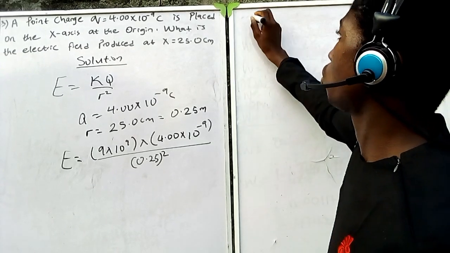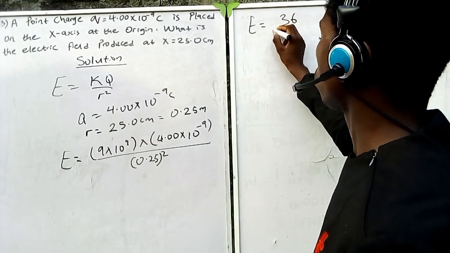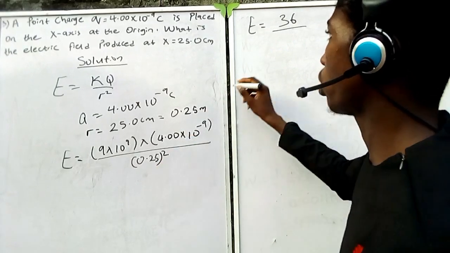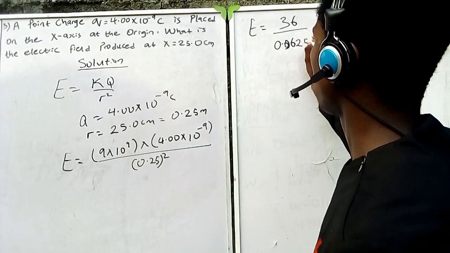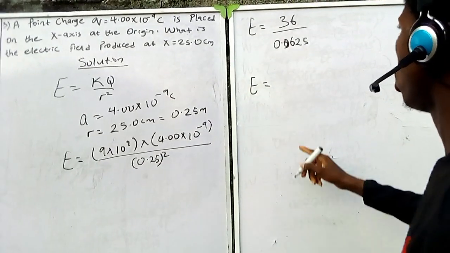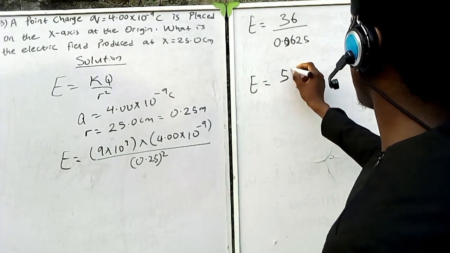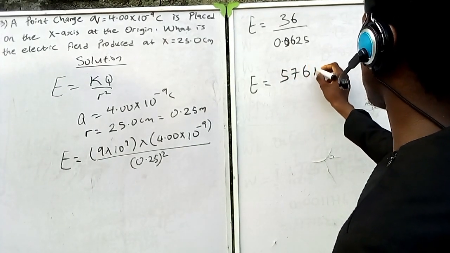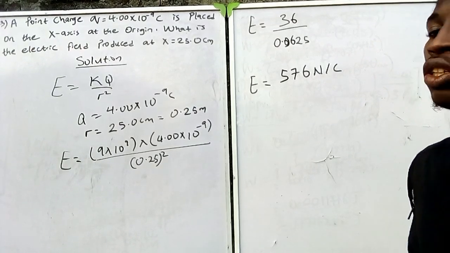And then to solve that, you have 36 divided by this all squared, which is 0.625, and therefore when you divide these two, you have something like 576 Newton per coulomb, right? And this is all for this question.